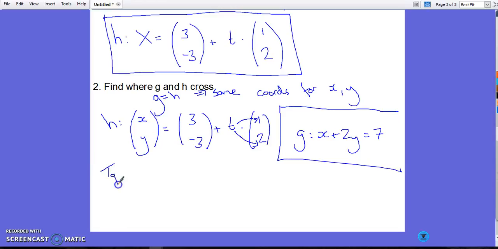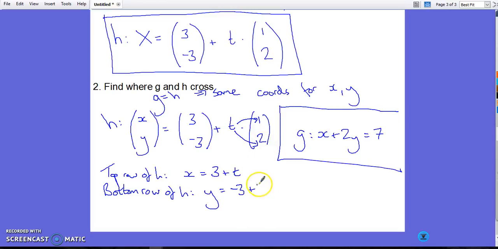So from the top row of H, I would get x is equal to 3 plus t times 1, which is just t. And from the bottom row of H, I'd get y is equal to minus 3 plus t times 2, or 2t.